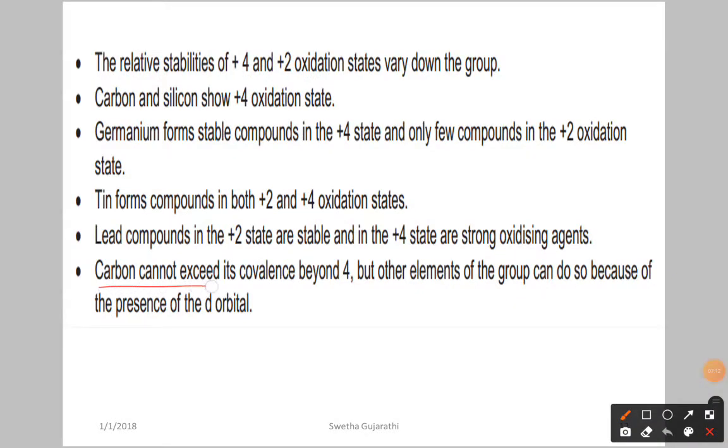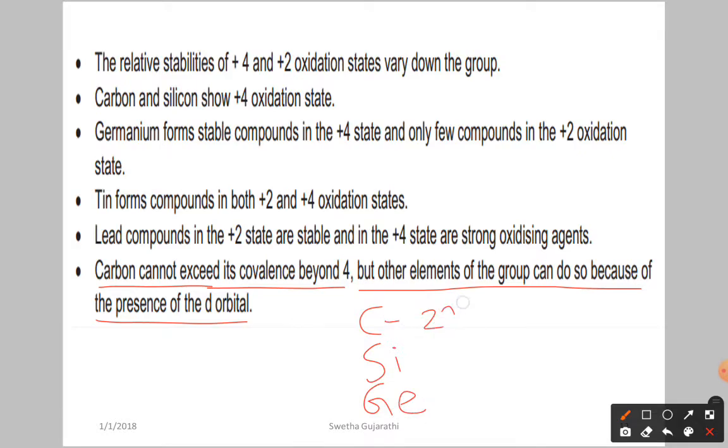Carbon cannot exceed its covalency beyond 4, but other elements of the group can do so because of the presence of d orbitals. Carbon belongs to the second period, so we have only 2s2, 2p2; the third shell is not there, which means d orbitals are not there.